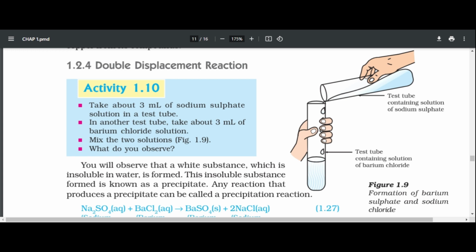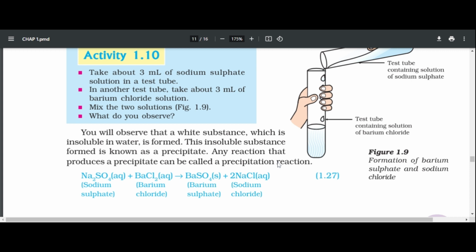What do you observe? You will observe that a white substance which is insoluble in water is formed. This insoluble substance formed is known as a precipitate. Any reaction that produces a precipitate can be called a precipitation reaction.